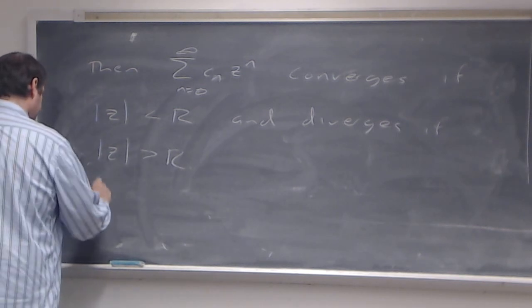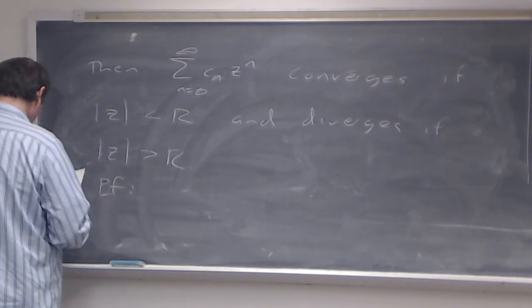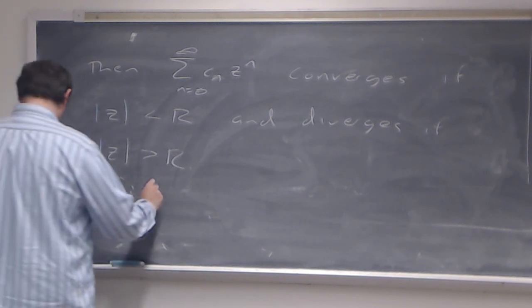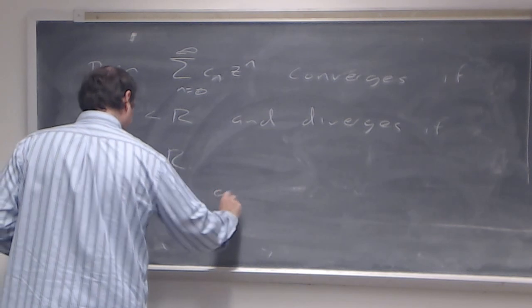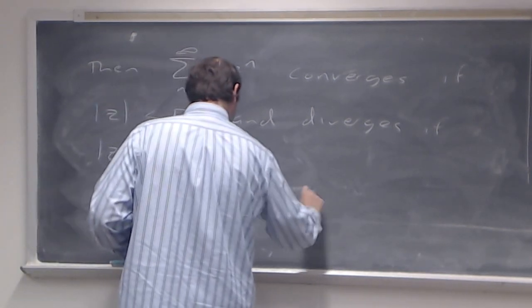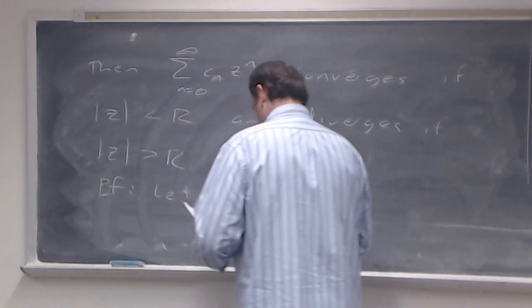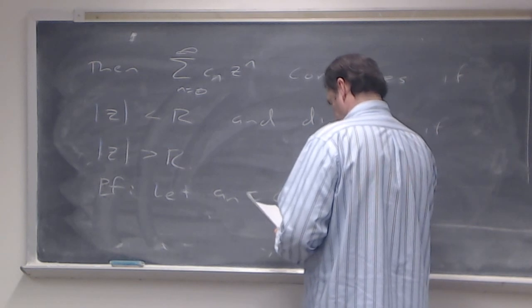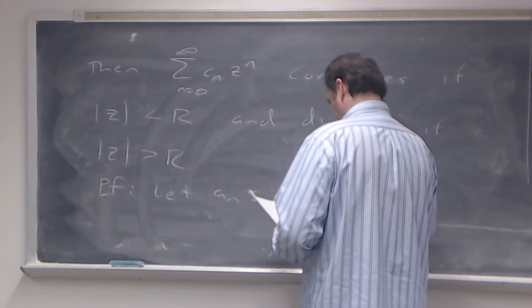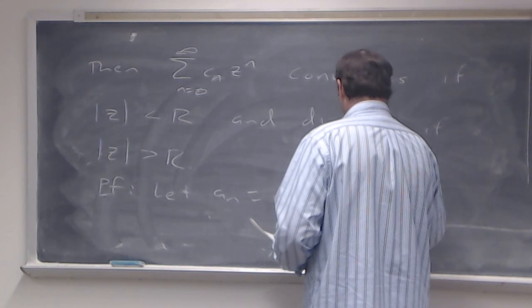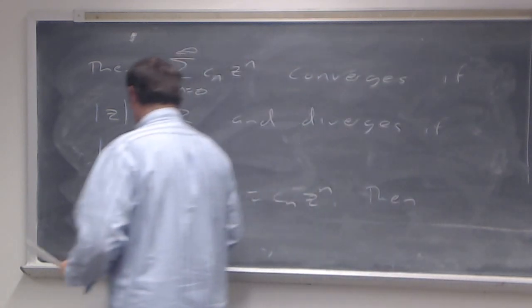Okay, but here, let's look at the proof of this. We'll let a sub n be equal to c sub n times z raised to n. Okay? Then, this is just a simplification of the notation.